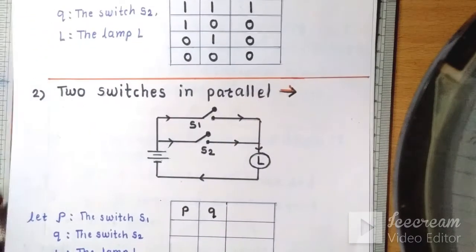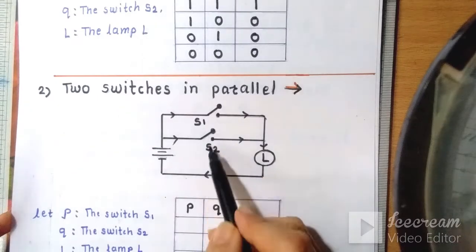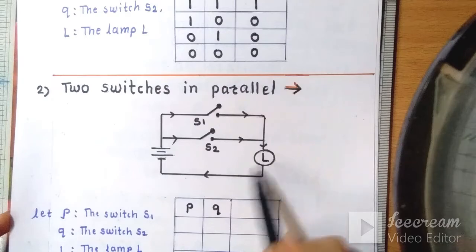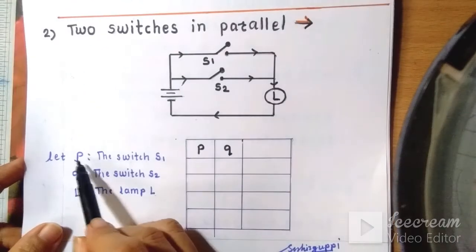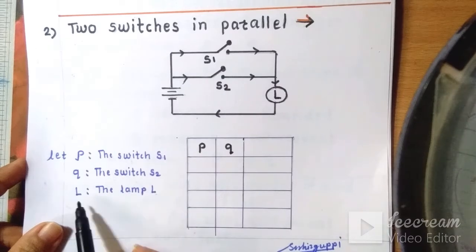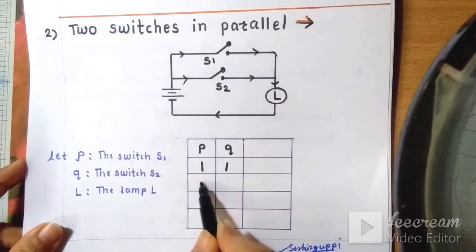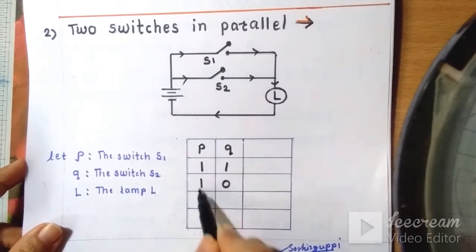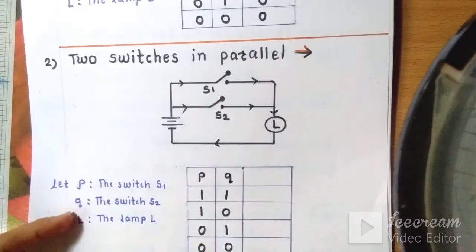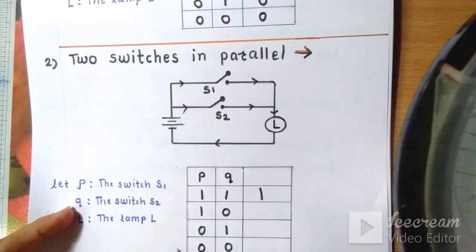Now see the second one, two switches in parallel. We know the position of switches is like this and we attach battery and lamp. Again P denotes the switch S1, Q denotes the switch S2, L the lamp, and again the combinations for P and Q: 1 1, 1 0, 0 1, 0 0. Now see here, if both switches are on then lamp glows.